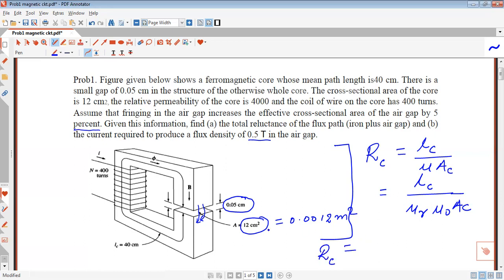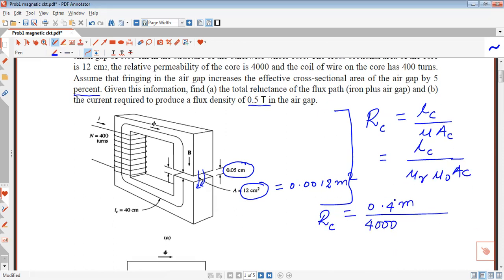It is given as 40 centimeter length of the core, so converting it into meter, it will be 0.4 meter divided by mu r, which is 4000, and then the mu naught value, which is fixed, 4 pi into 10 to the power minus 7, and the area of cross section of the core, 0.0012 meter square.